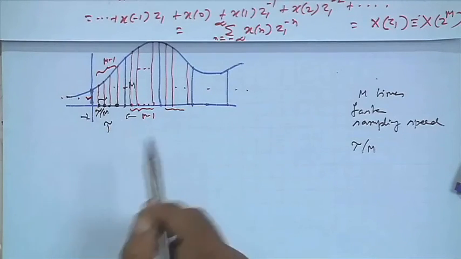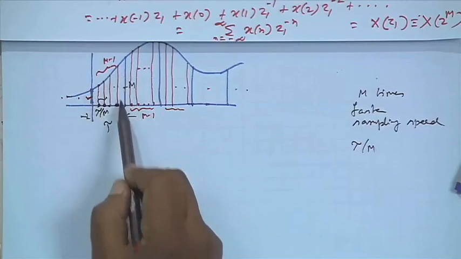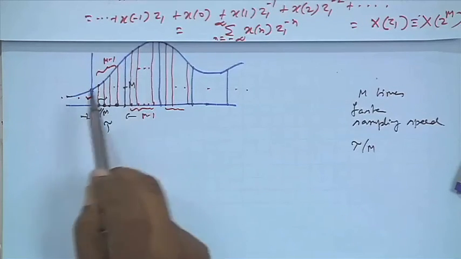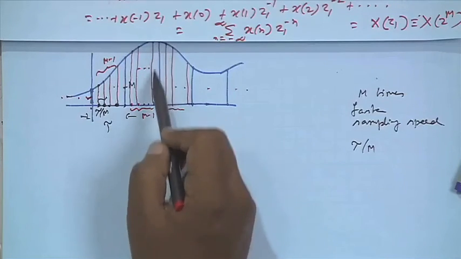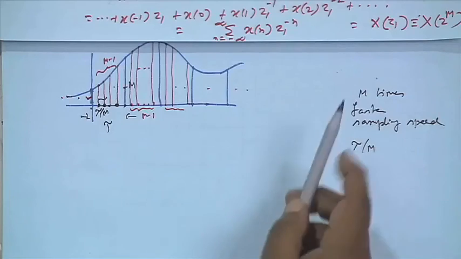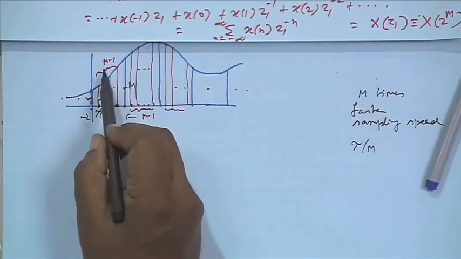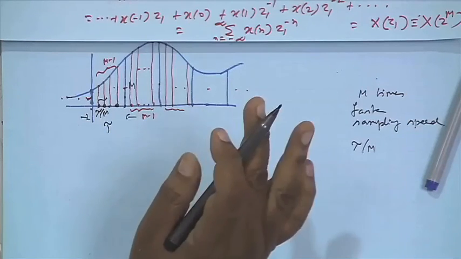But since I did not do that, I sampled only at the lower sampling rate, I got only the blue colored samples, that is this one, then at sampling period tau a sample which I call the first sample, then at 2 tau which I call the second sample, and so on. But if I had sampled at the higher rate, I would have had so many intermediate samples, m minus 1. So, this would have been mth, another m minus 1, so this would have been 2 mth, like that.